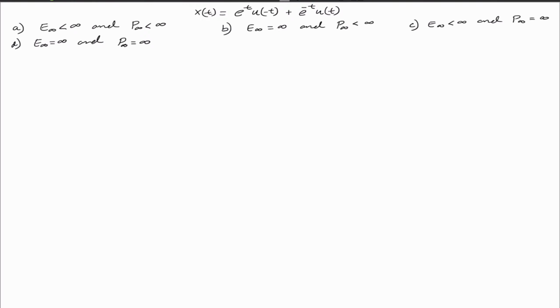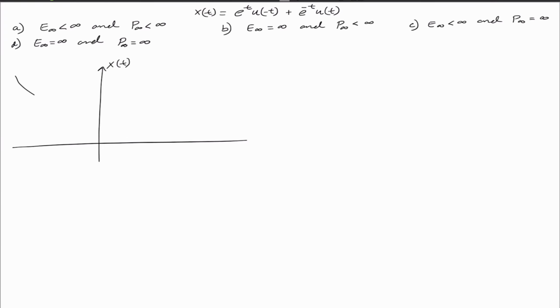So we can approach it graphically by saying that the signal x of t has the first expression, which is e to the positive t times the inverted unit step function.